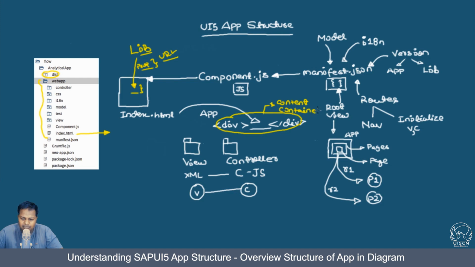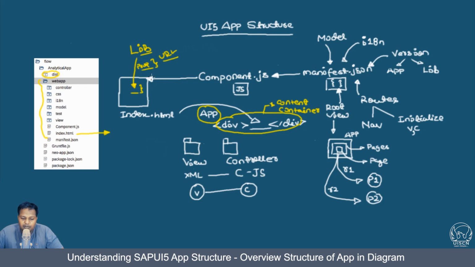What this div actually does is store the entire application inside that particular div, and the entire application will be rendered in HTML5 and CSS, and that is what is contained inside the div, which you see as the UI5 application.